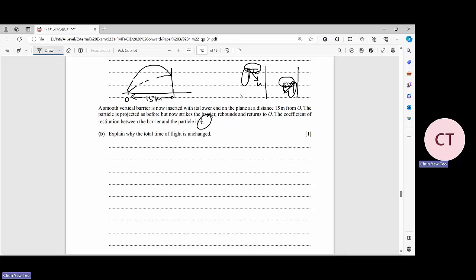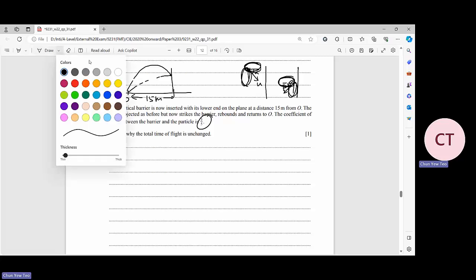But for the horizontal component of the velocity, before and after are different. For the one that is perpendicular to the barrier, it will involve Newton's experimental law. But for the one that is parallel to the barrier, before and after, the values are the same.